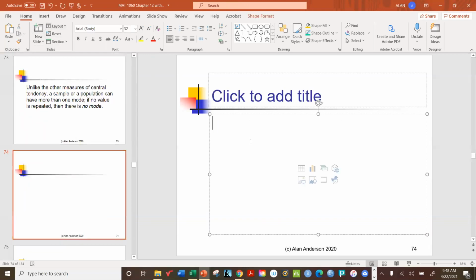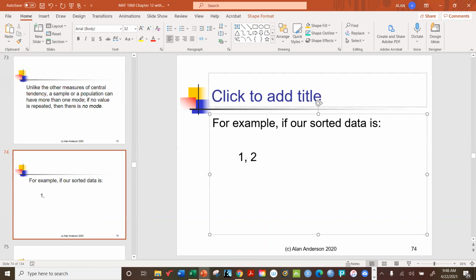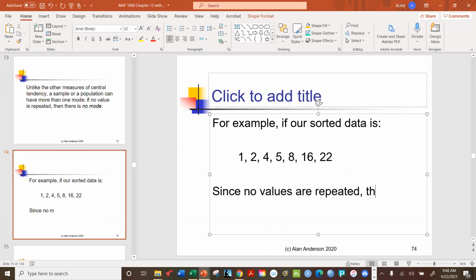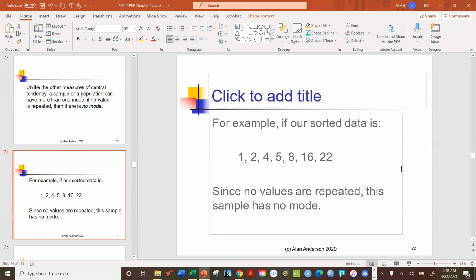For example, if our sorted data is, and then the numbers we've got are 1, 2, 4, 5, 8, 16, 22. Since no values are repeated, this sample has no mode. There's no guarantee that we'll have a mode. And that's kind of awkward, I think you'll agree.